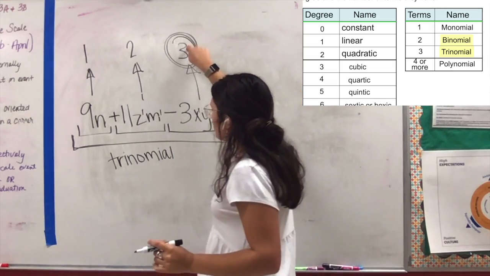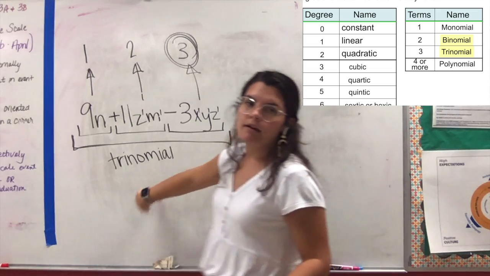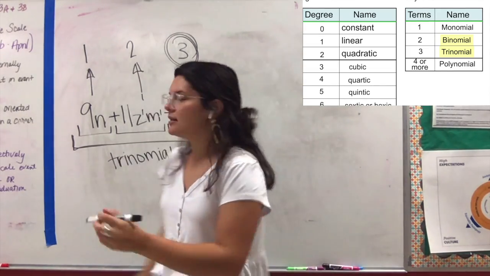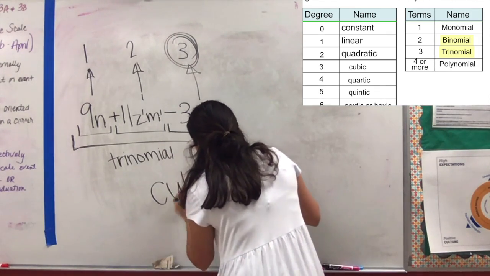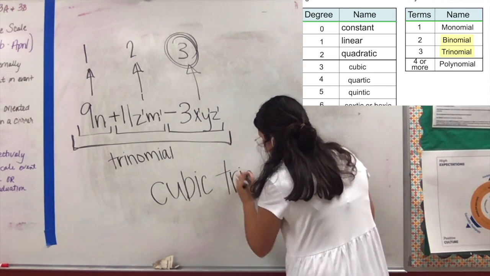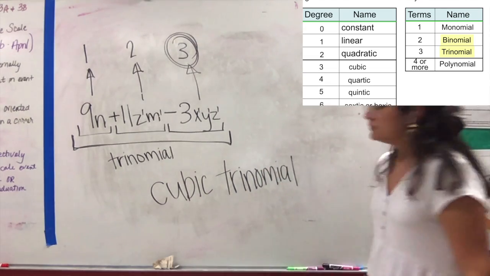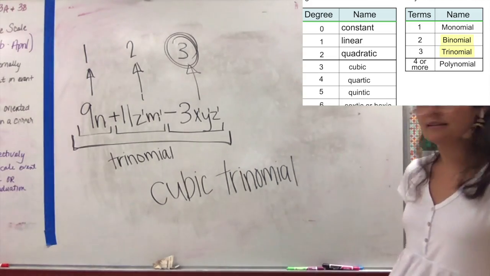So this 3 is going to be the degree of the whole trinomial. And we look at our chart, and if we have a degree of 3, it's going to be cubic. So this is going to be a cubic trinomial. Cubic trinomial.